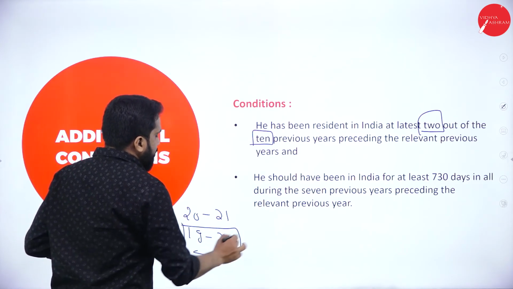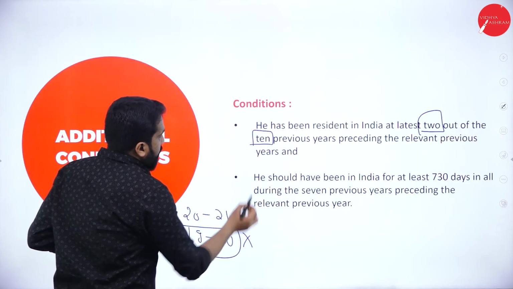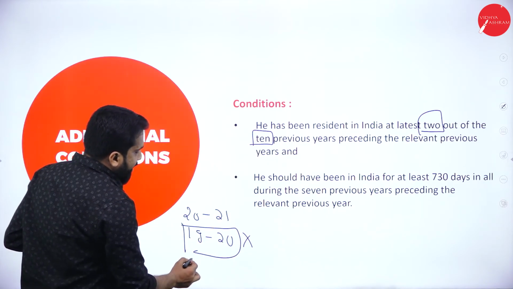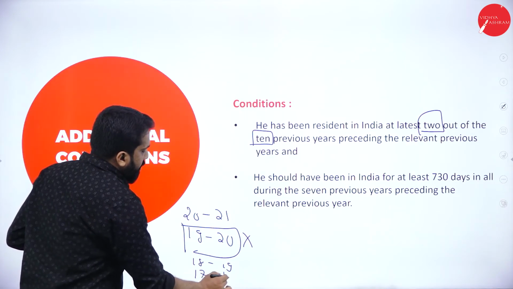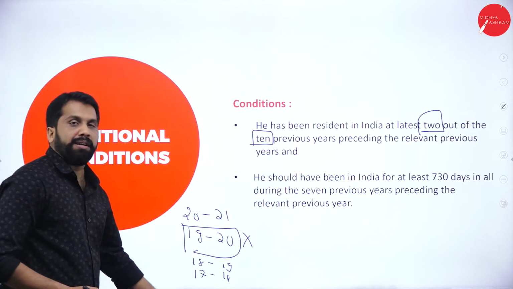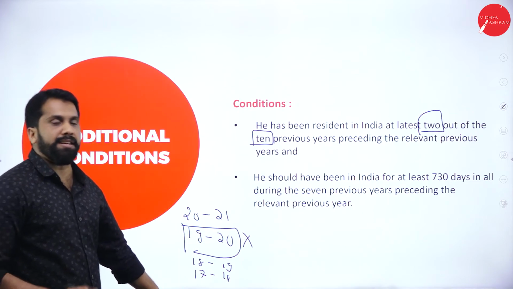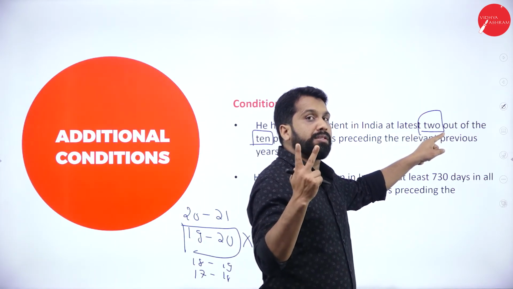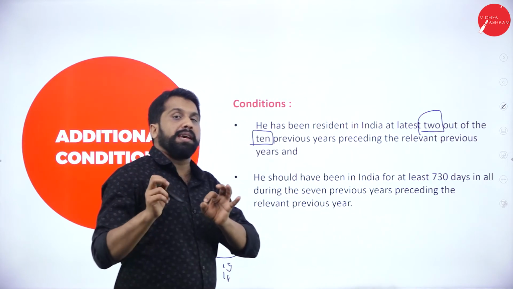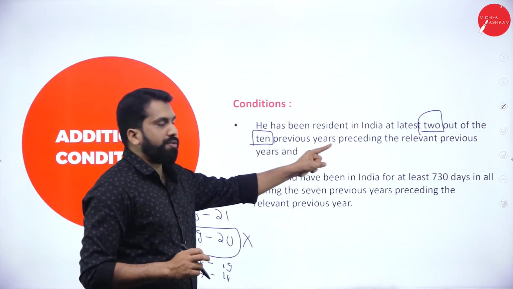We will not consider this. If it is 10 years, we'll start with 18, 19, 17, 18, like this we go 10 years. Out of 10 years, he must be resident for how many years? 2 years.